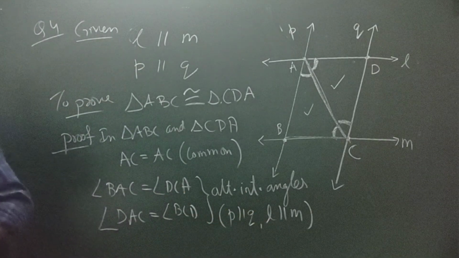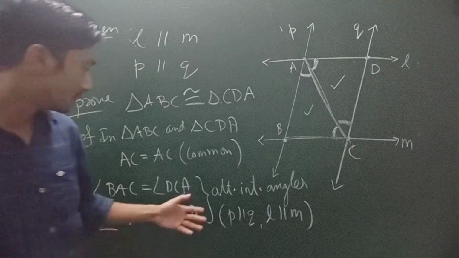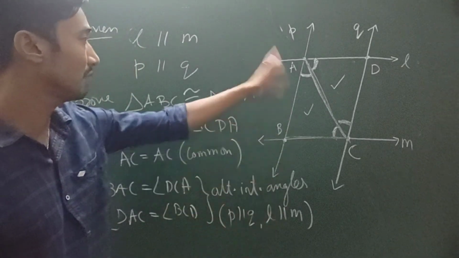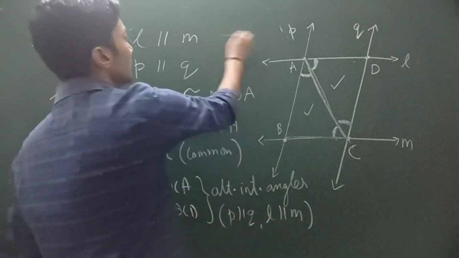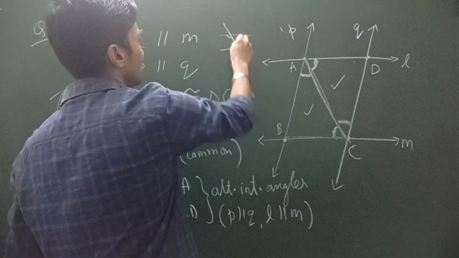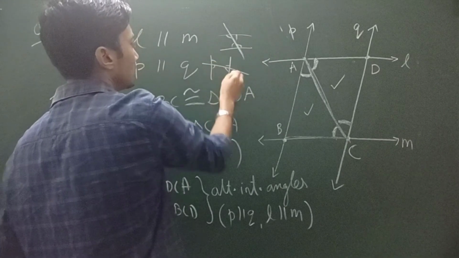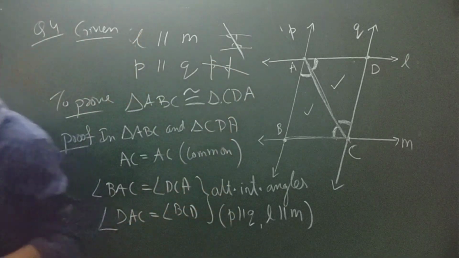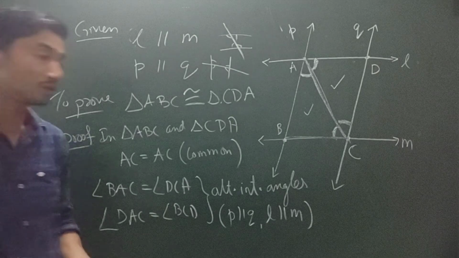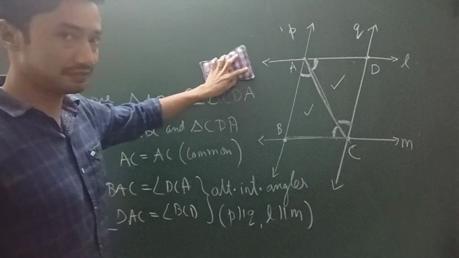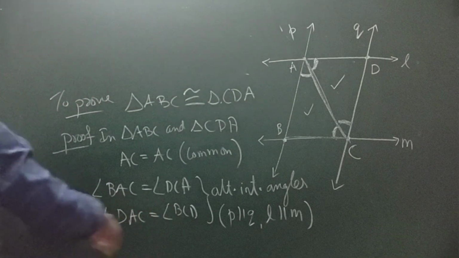Because if you write this, that means you understand that they are alternate interior angles because they're parallel lines. Whatever the transversal, these two angles are equal. So no need to write the whole story. Write what is enough.